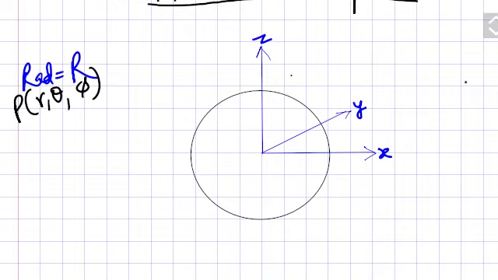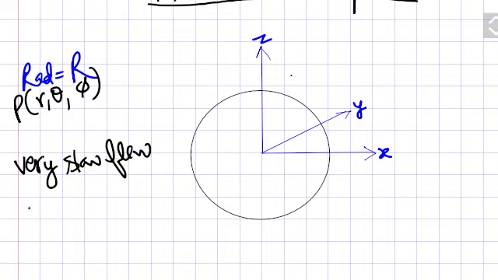Actually what we are discussing here is a very simple kind of flow. The flow around this sphere that we assume will be a very slow flow, with very small velocity of the fluid.